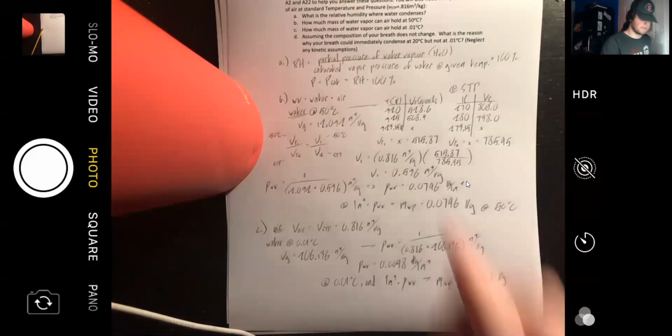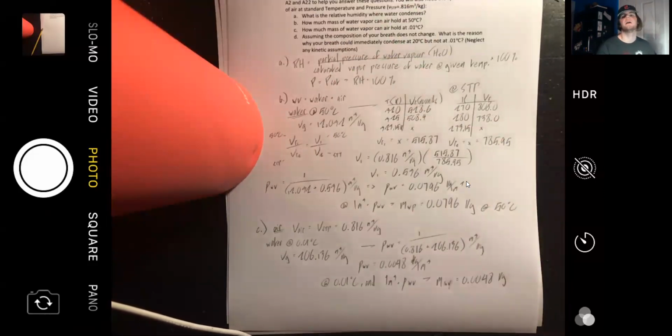As we established in part A, at a relative humidity of 100%, you reach your dew point, and at that point the air cannot store any more water, so condensation occurs.